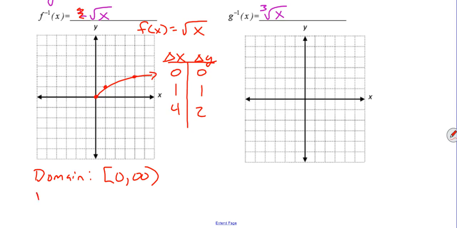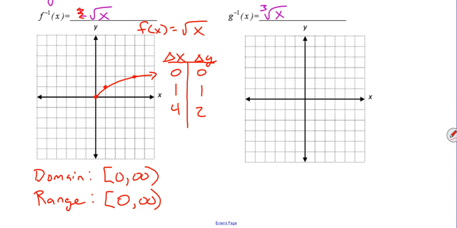This would give me a range of 0 to infinity as well. Okay? And this is the parent function of the square root of x. All right? This is the parent function for the square root of x.